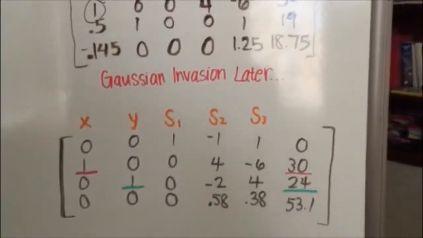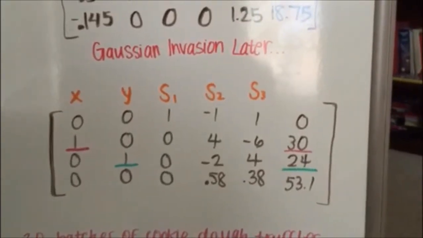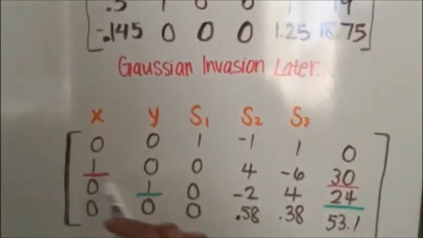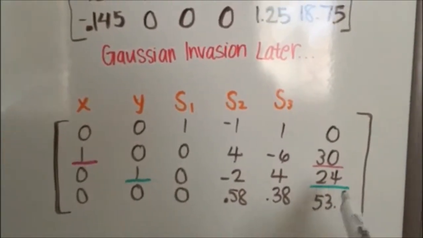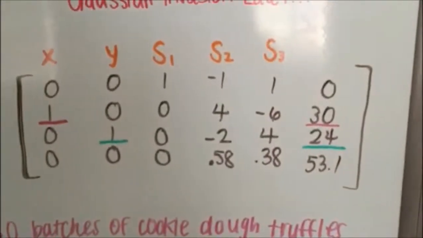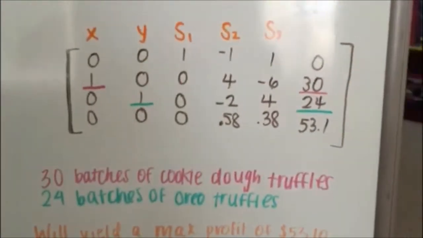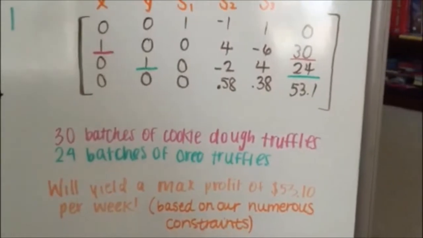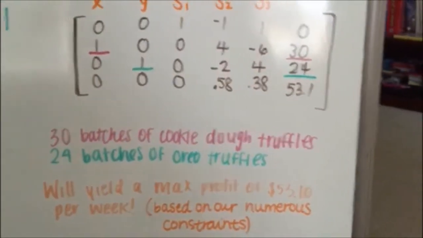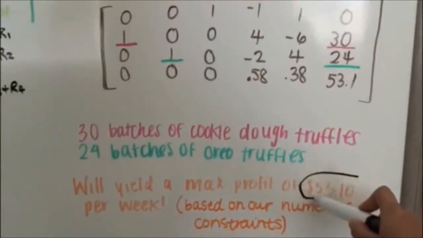According to the simplex method, we can then conclude that x is equal to 30 and y is equal to 24. Therefore, we will be producing 30 batches of cookie dough truffles and 24 batches of Oreo truffles. This will yield us a maximum profit of $53.10 on our truffles per week.